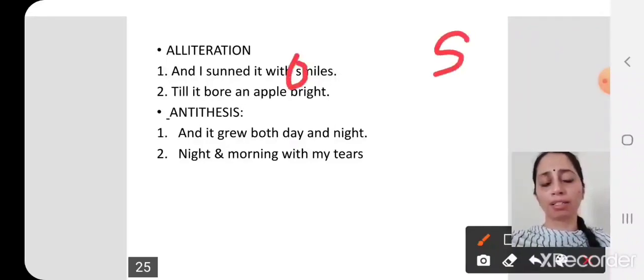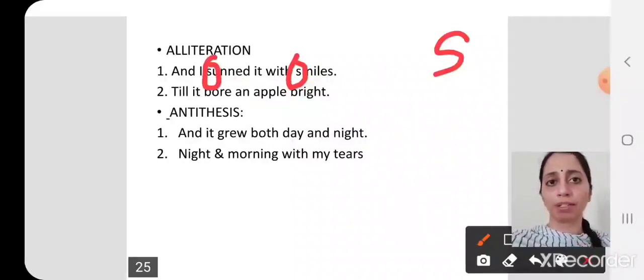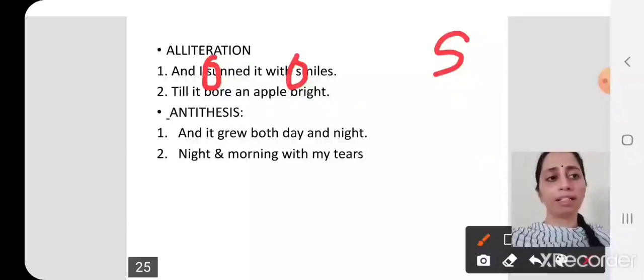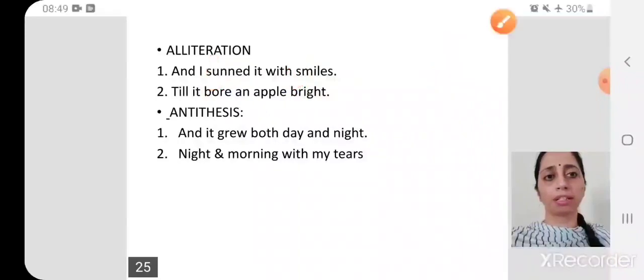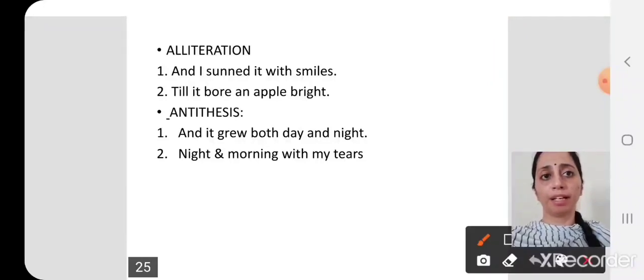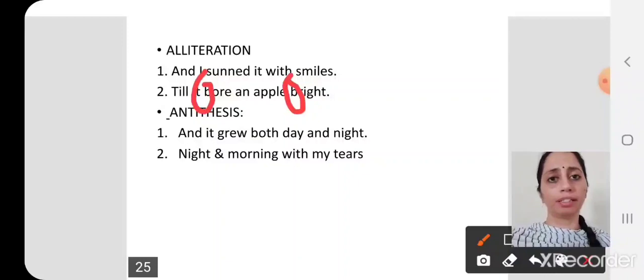Look at the word smiles. Look at the word sunned. So the sound of S is repeated. The figure of speech is alliteration. Next sentence is, "Till it bore an apple bright." Again, the sound of B over here, the sound of B over here, it is alliteration.